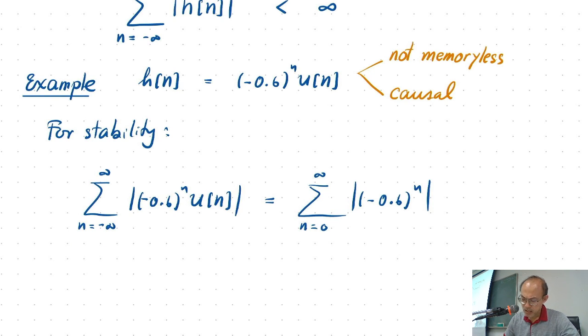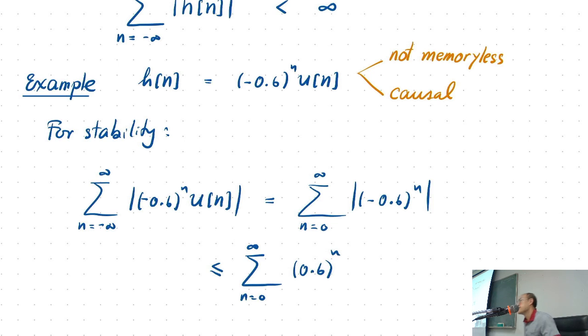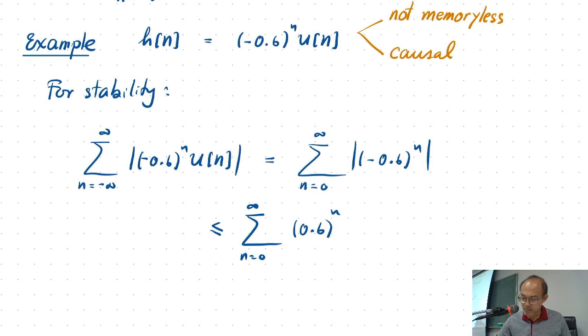So you see, this summation, if you look carefully, is going to be less than or equal to the summation when n goes from 0 to infinity of 0.6^n. Can you see that? If you are not convinced that this is true, think about this.